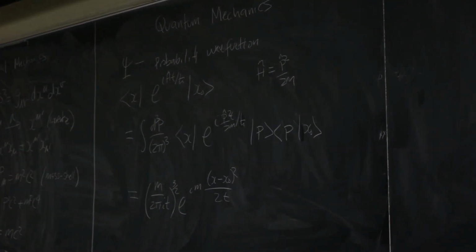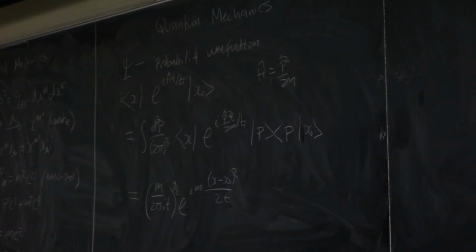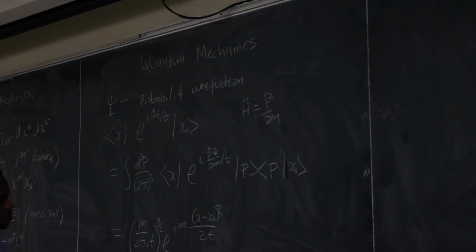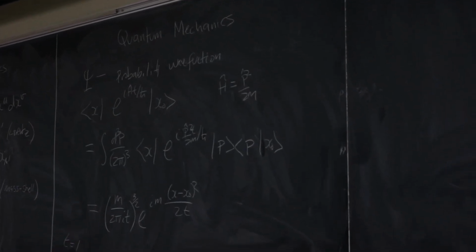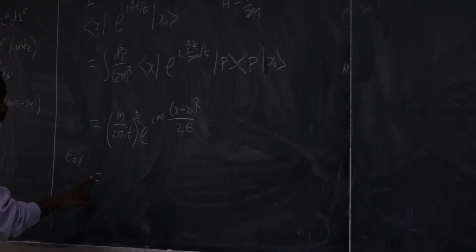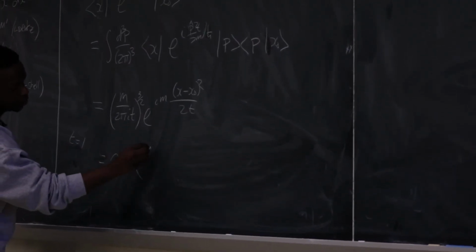x. And we see the problem with this is that if, for instance, just for simplicity, we take t equals 1, and ignoring this term, this will be proportional to e to the power of something.